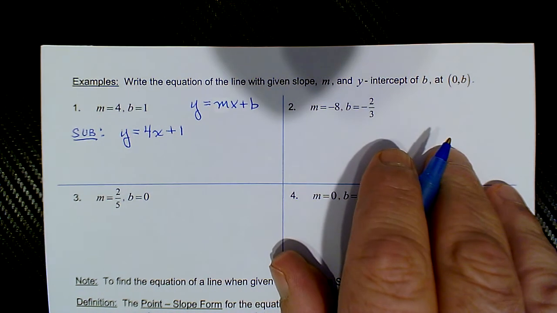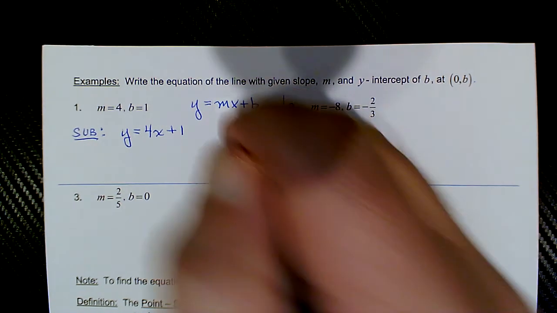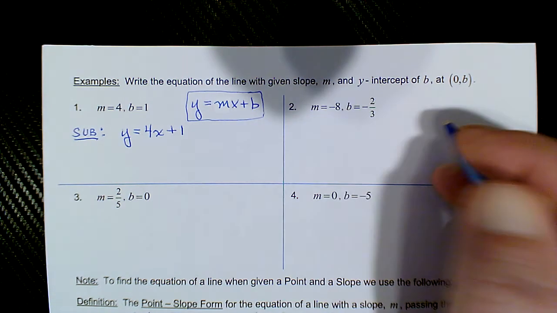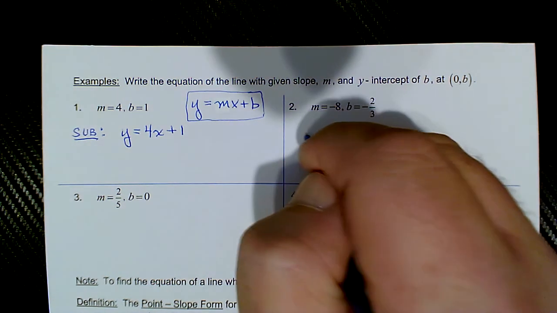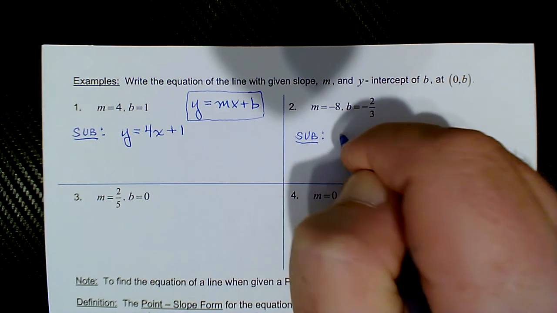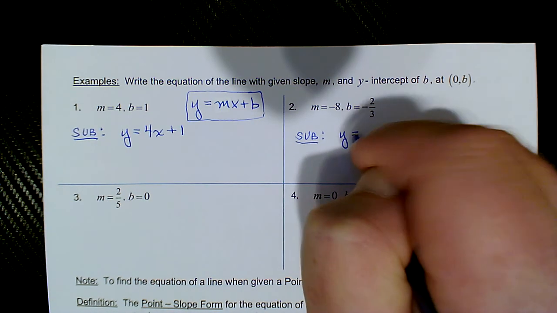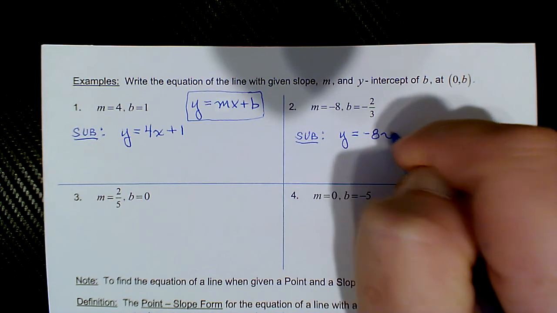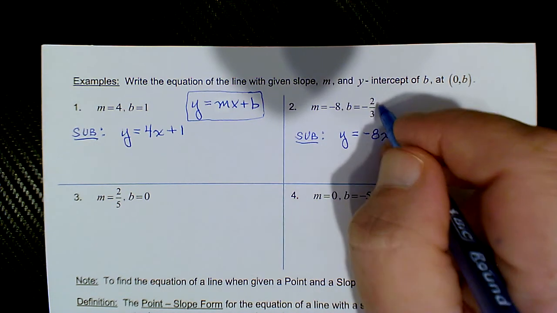So in this equation, again, y and x stay. M is replaced by negative 8, so negative 8x. B is negative 2/3. There's no need to write plus a negative 2/3. Most efficiently, just negative 2/3. So negative 8x minus 2/3.